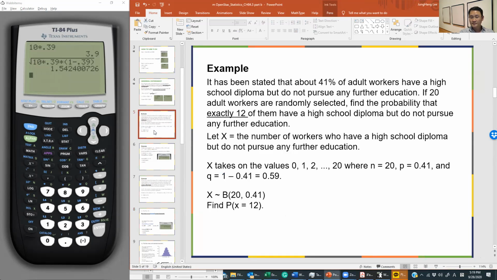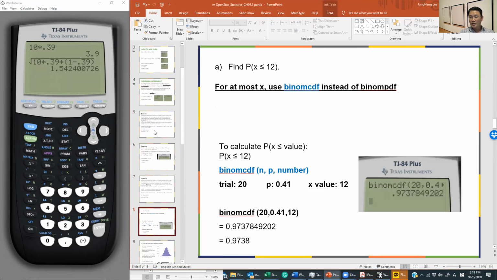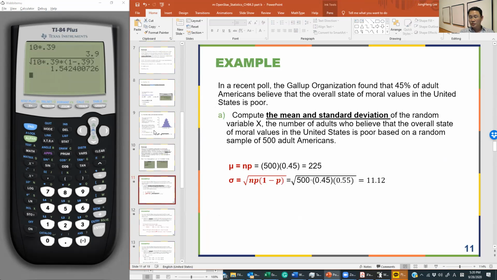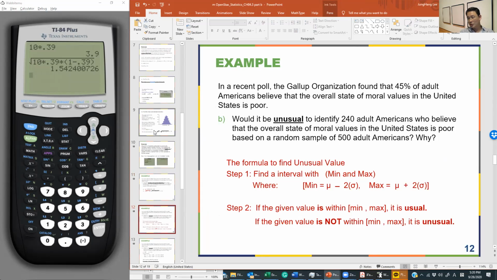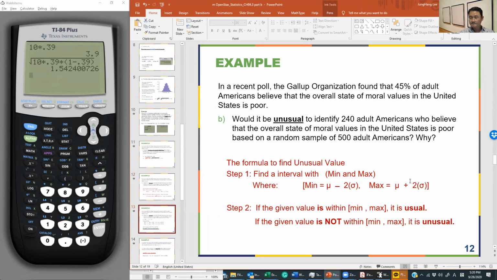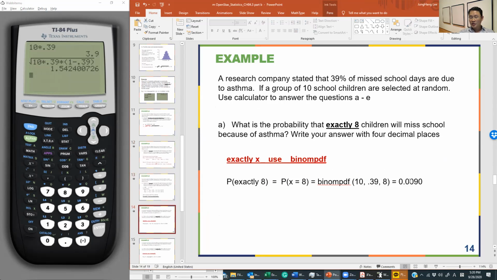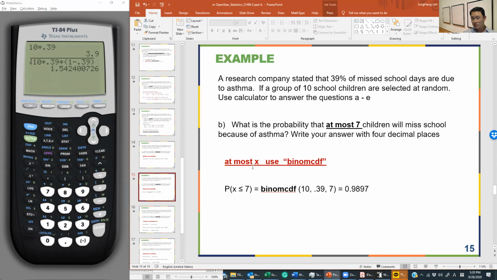And we also did the usual and unusual. How do you find the usual and unusual? You have to follow these steps in red. Find the minimum and maximum value. Then, for exactly 8, you use binomial PDF. For at most a certain value, you use binomial CDF.